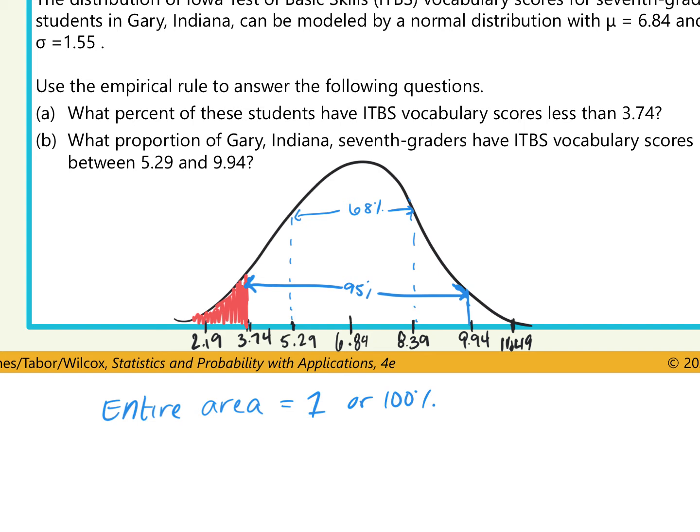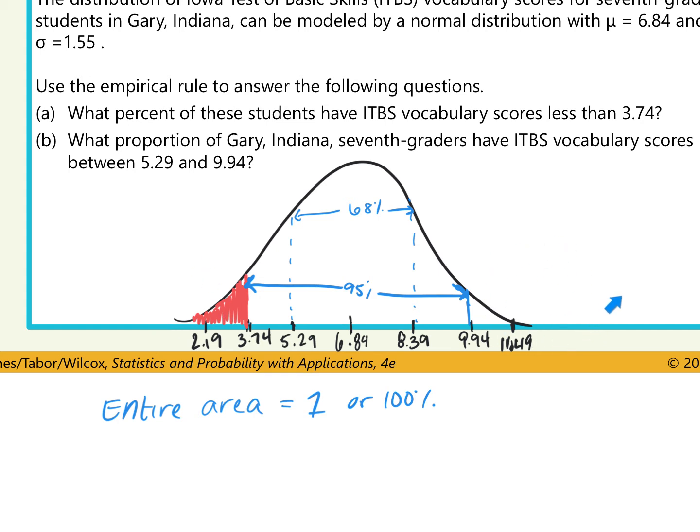Okay. Can we logically figure out what this percentage is going to be? The whole thing adds to 100, right? The middle 2 standard deviations is 95%. What percent does that leave in the tails?